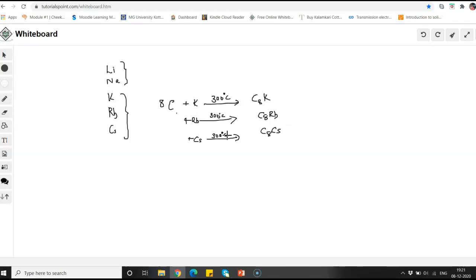The intercalation compounds of sodium and lithium are actually very difficult to prepare.